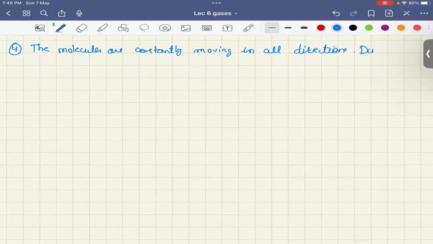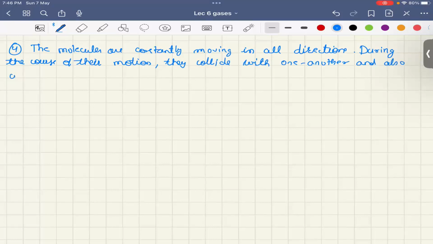During the course of their motion, they collide with one another, also with the walls of the container, right?